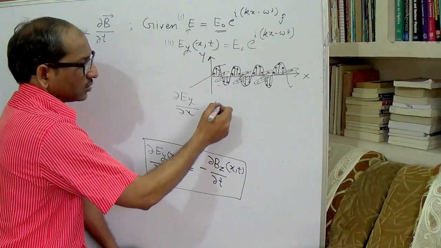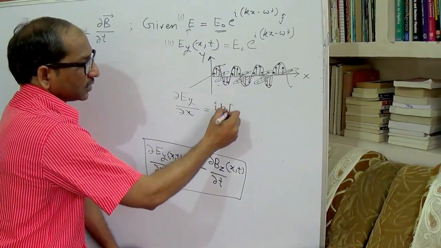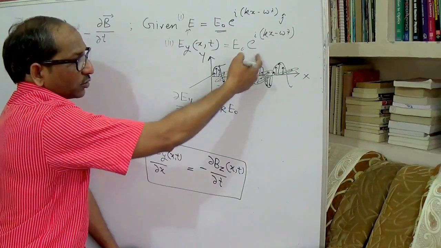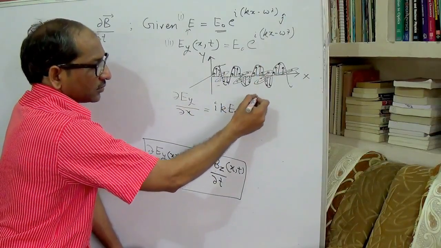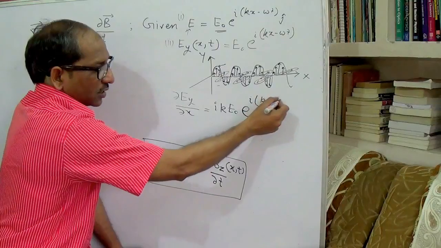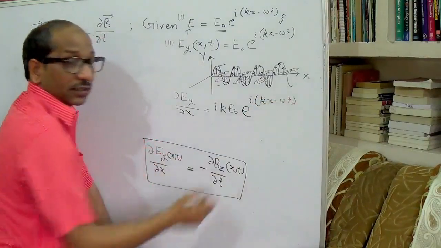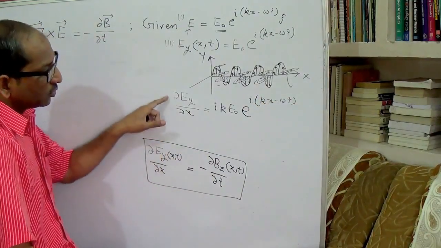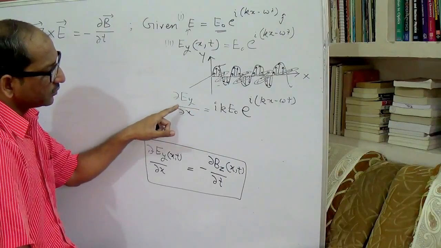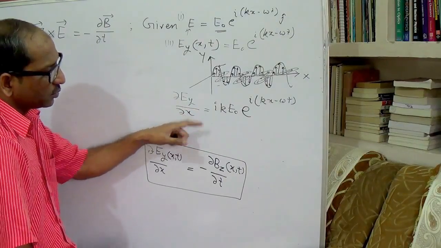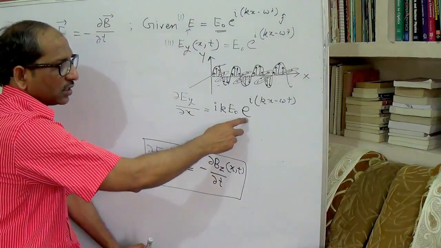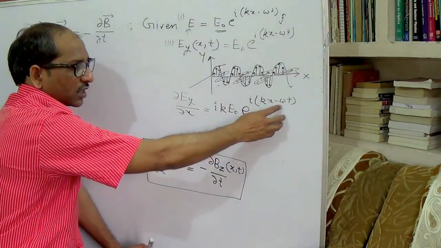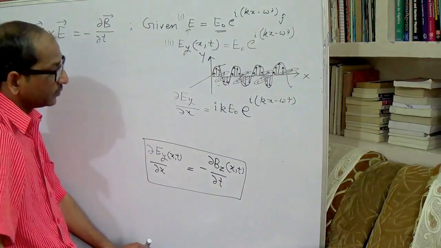So iota k E naught, and the rest of the term as it is, that is the exponential term, e to the power iota (kx minus omega t). This is the differentiation of Ey with respect to x.